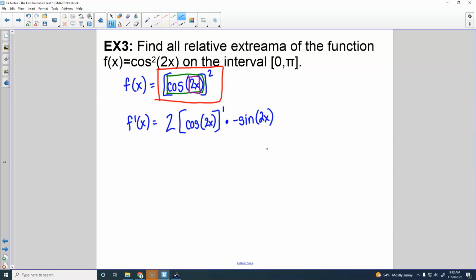And then finally the derivative of the inside, that 2x, which would be 2. So you've got a 2, a negative, and a 2 here, so that's going to be negative 4. And then you've got cosine of 2x sine of 2x. This is our f prime of x.